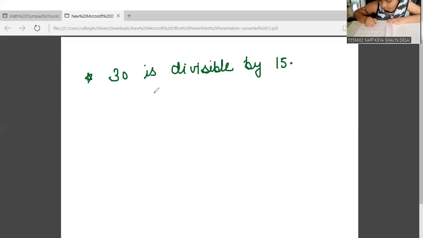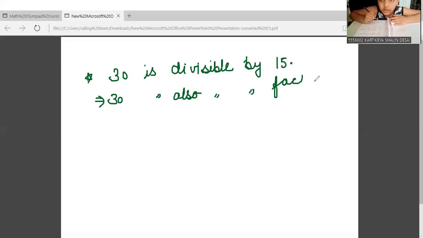So if 30 is divisible by 15, can we say that 30 is also divisible by factors of 15? So what are factors of 15? 3 and 5. 1 and 15 also, but we are interested in these two numbers except 1 and itself. So the factors of 15 are 3 and 5.